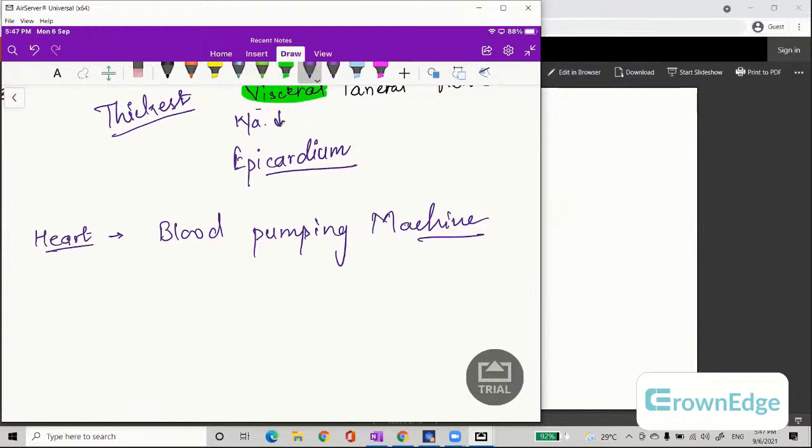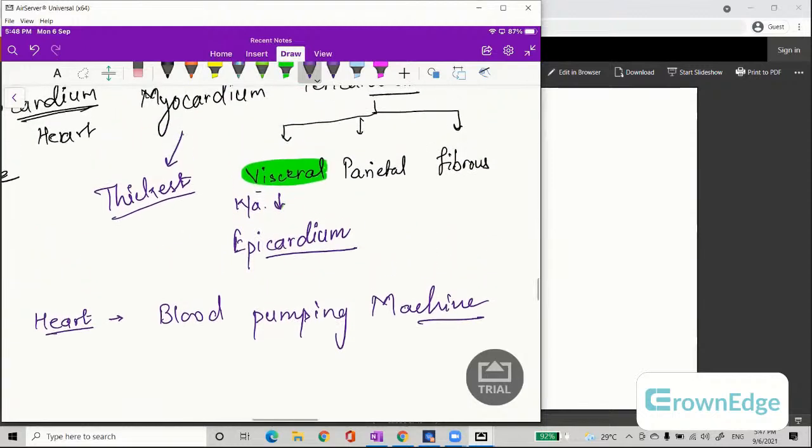It is just like a pump, right? Pump is to throw or to push, right? To push, you need more and more muscle, right? So that's why the myocardium is the thickest layer of the heart.